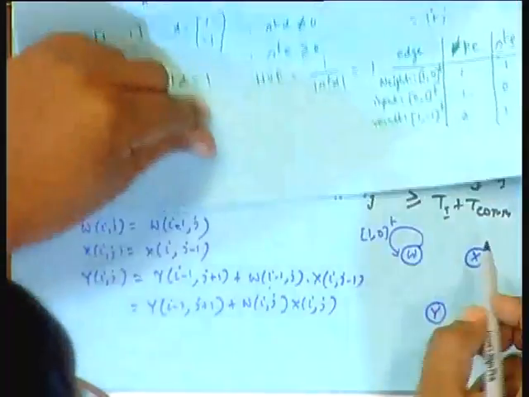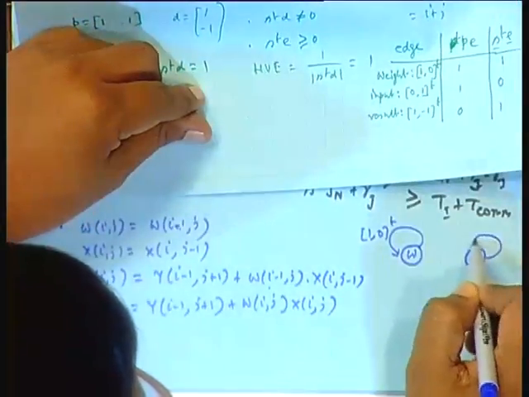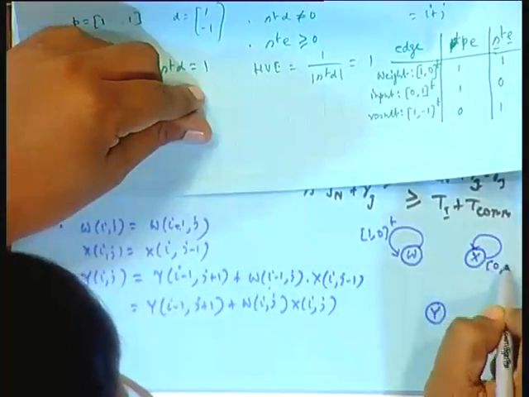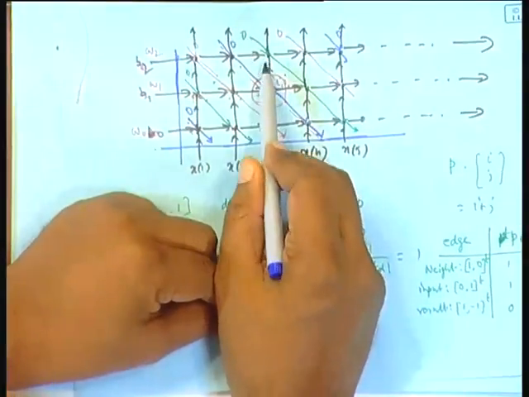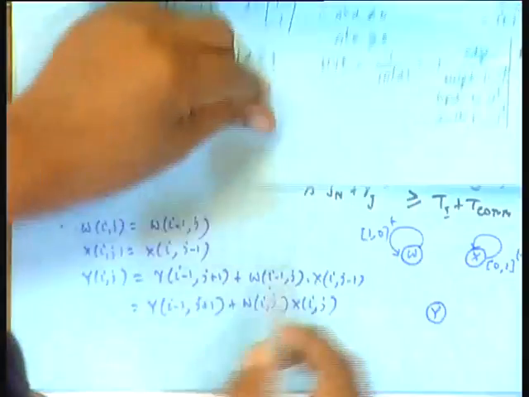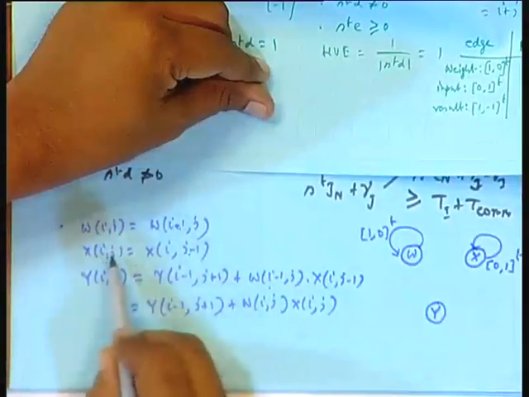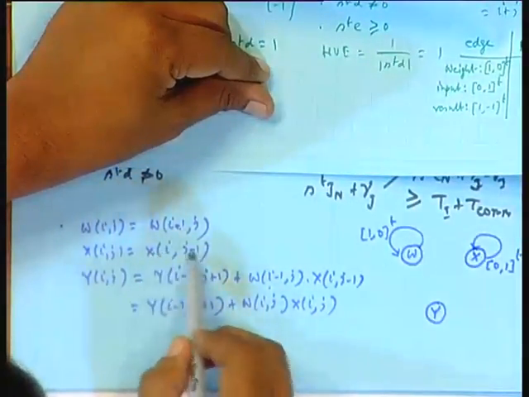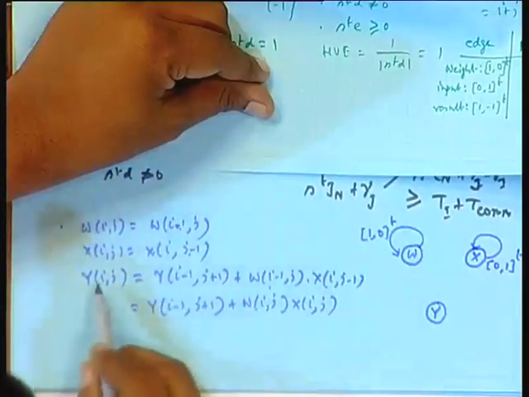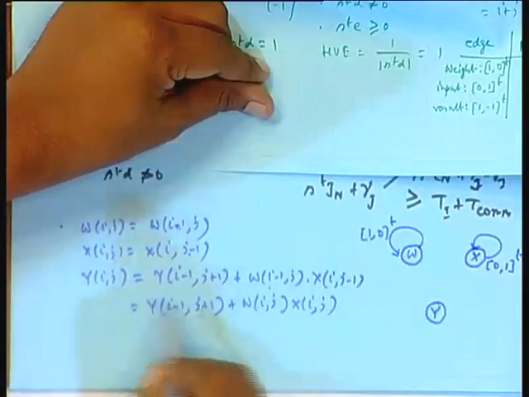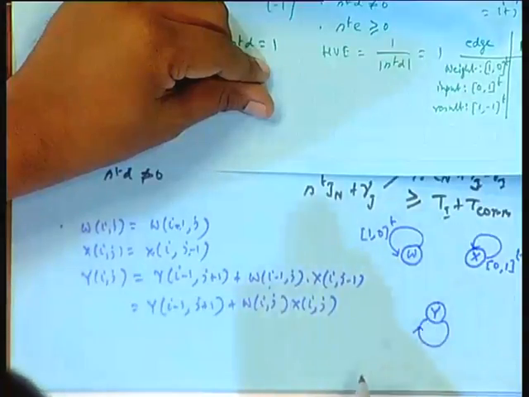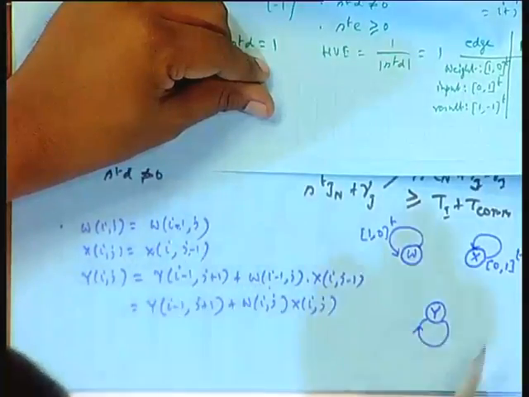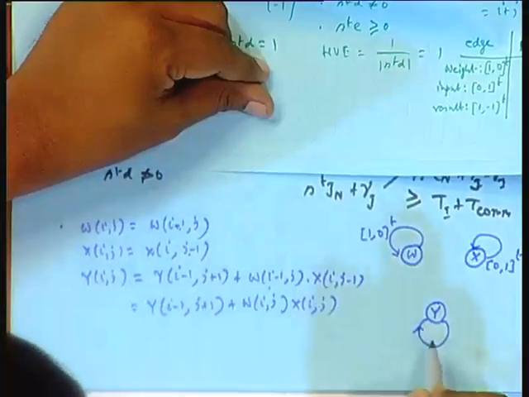Similarly, from x to x, it is 0, 1 transpose, in this direction. Here also you can see i remains i, but j minus 1 to j, so 0 and then 1. And y from i minus 1, j plus 1 goes to i, j. That means there is a self loop of y to itself, but that is 1 comma minus 1.